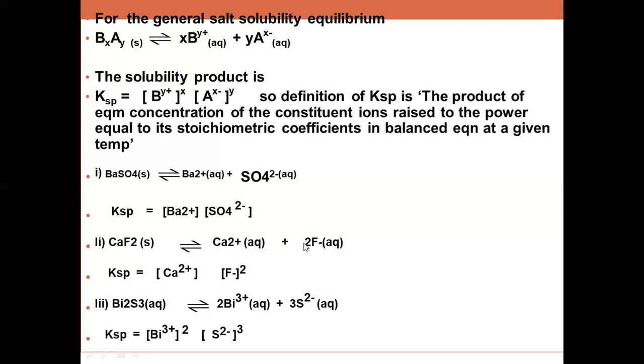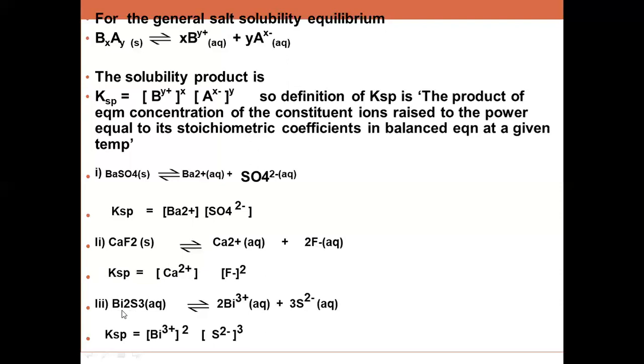That means the coefficient goes to its power. Here there is no power on Ca. Therefore this 2, the coefficient, goes to its power, that is F-. Therefore Ksp is equal to the concentration of Ca2+ into the concentration of F- to the power 2.